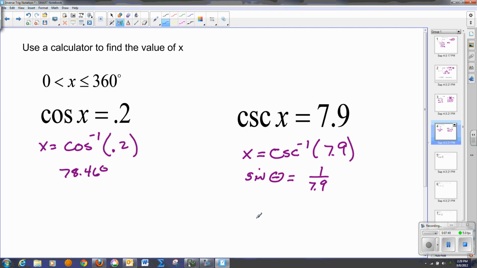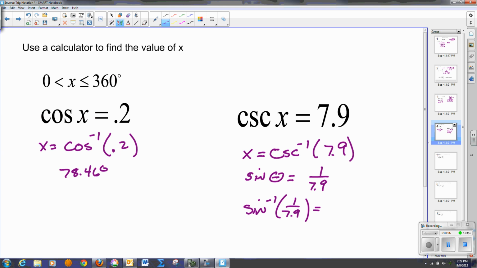Therefore, I can find the inverse sine of 1 over 7.9 and have the inverse cosecant value.